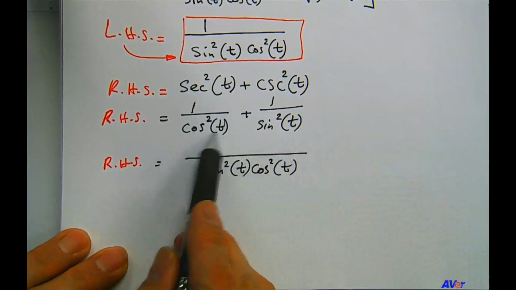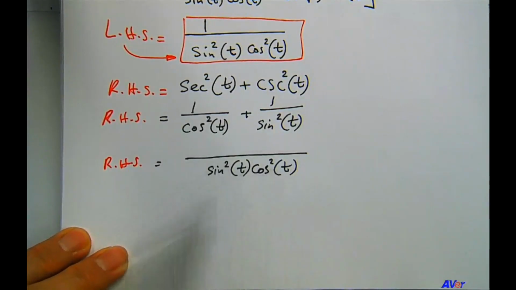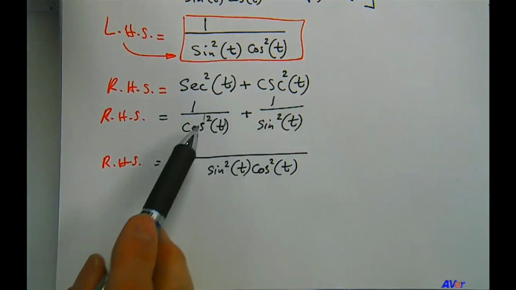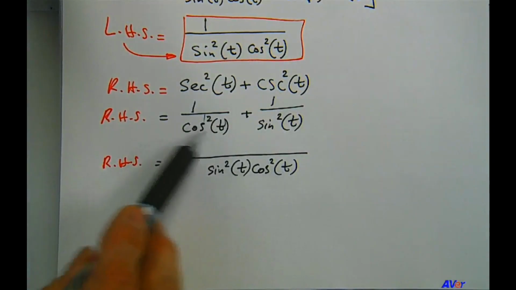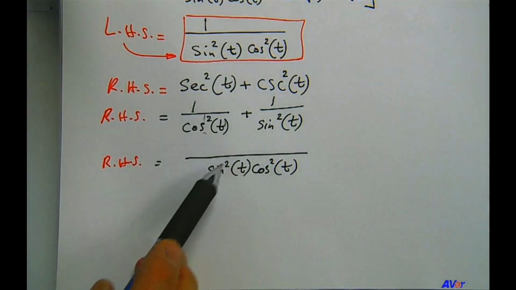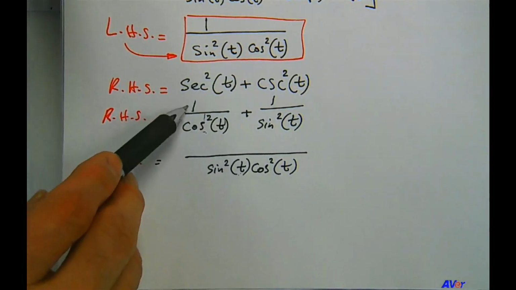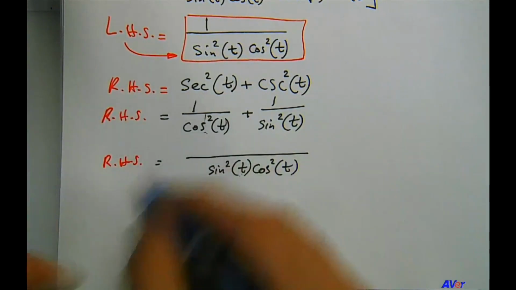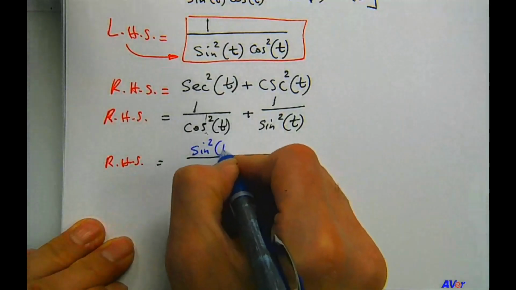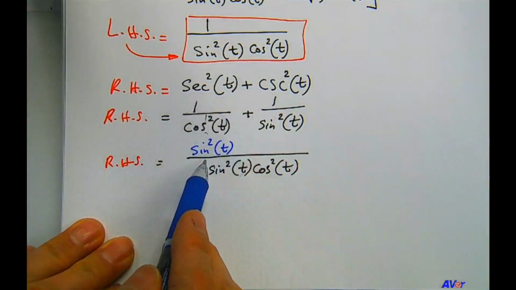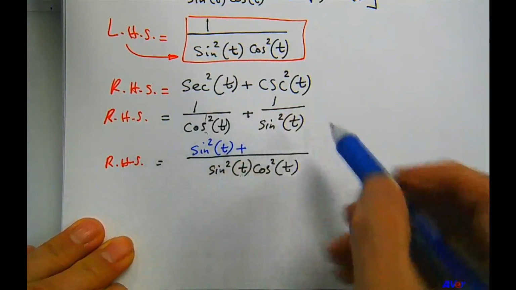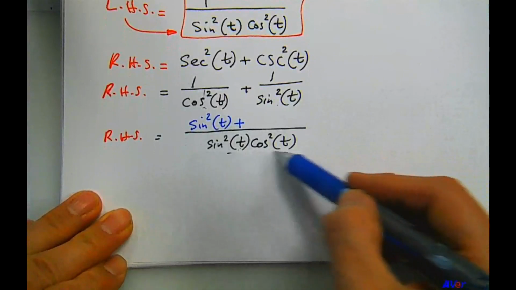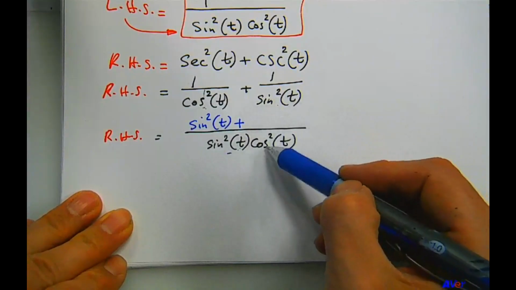So compare each of these denominators with the common denominator. We have the two fractions we're trying to combine. Comparing this with this, what's missing from this denominator? Sine squared t, right? So multiply the numerator by the missing term. So we have sine squared t times 1, it's sine squared t, plus, compare this denominator with the common denominator. What's missing from it? The cosine squared t.